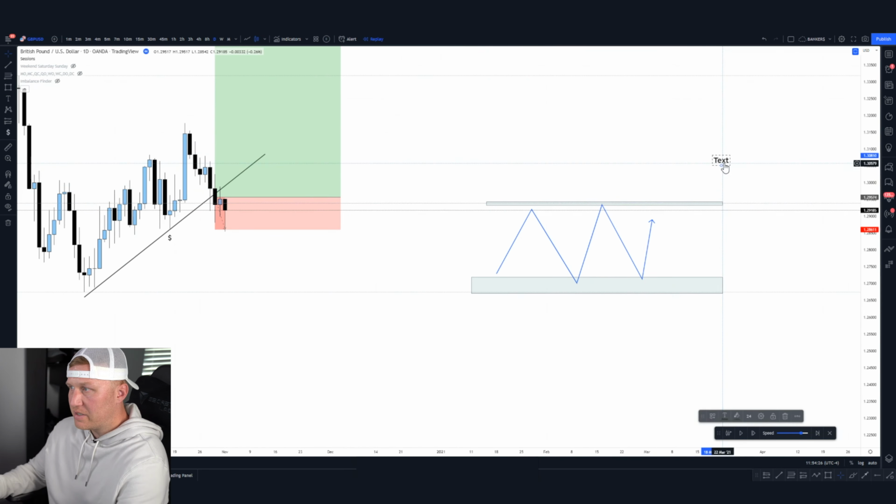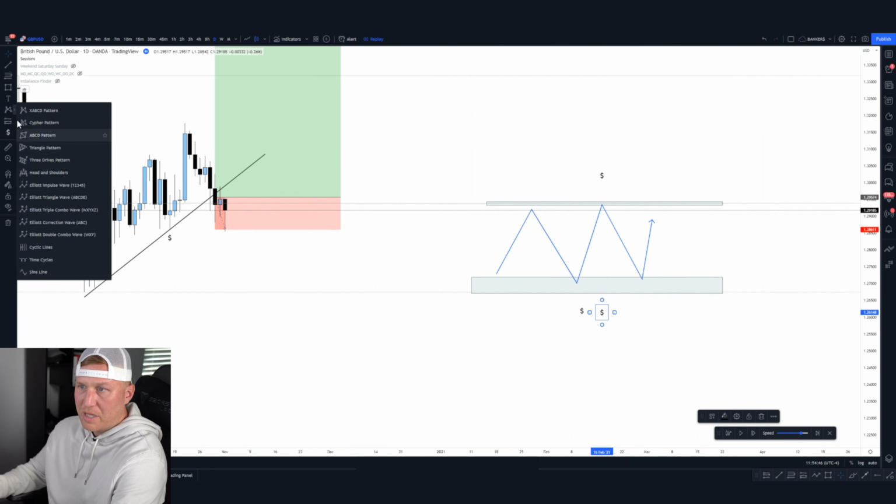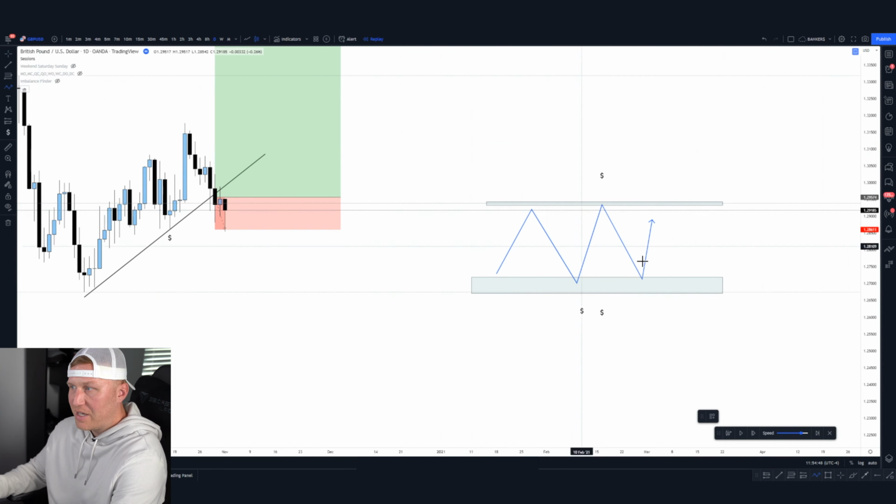One, they're selling off the top and putting stop losses here, or buying off the bottom and putting stop losses here. Or they're putting buy stops trying to catch the breakout, with stop losses going here. Same thing on the top. If they believe price will come down and are trying to catch a breakout, they would put sell stops here. Or if price breaks this level, they're looking for a break and retest, something like this.